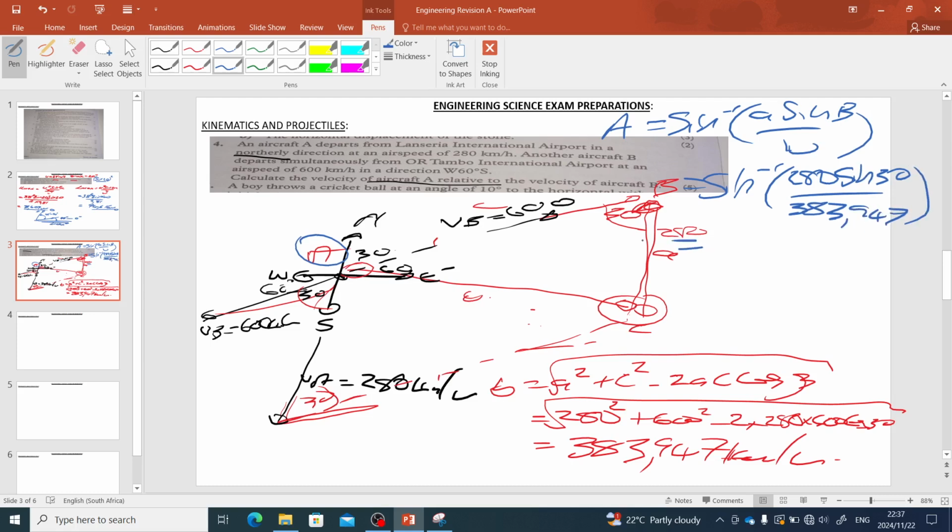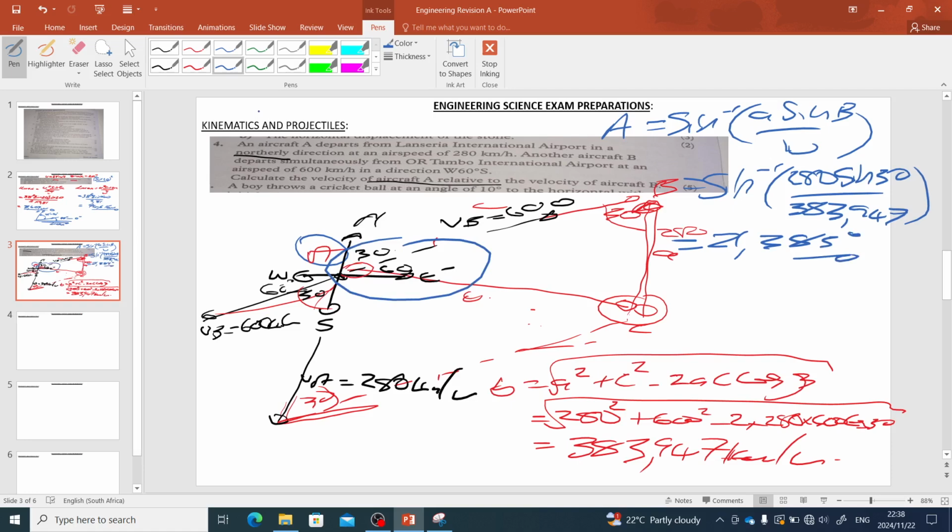Then my angle would be the inverse of sine 280 multiplied by sine 30 divided by 383.947. Boom. I get my angle as 21. But don't forget, it is 21.385 degrees.